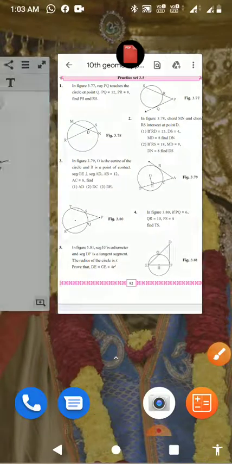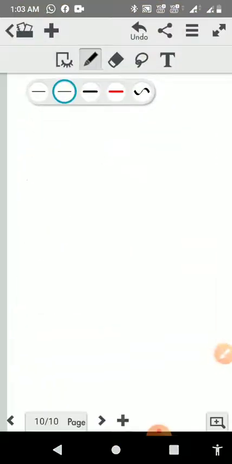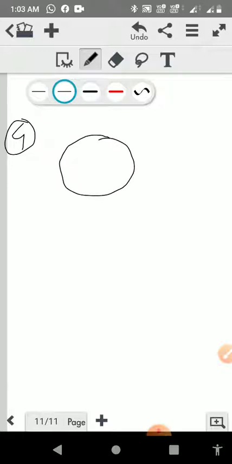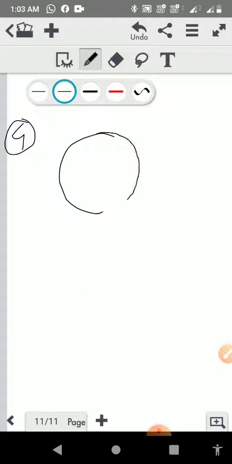Okay, we will use a separate page here. So this is your question number 4. Like this, a circle is drawn, and the diagram is given like this.